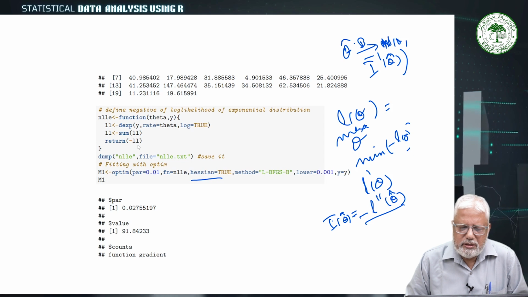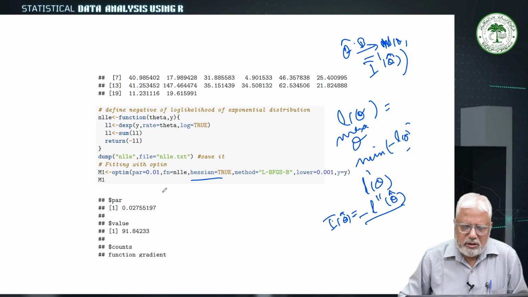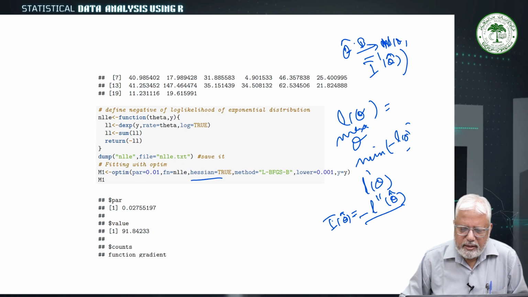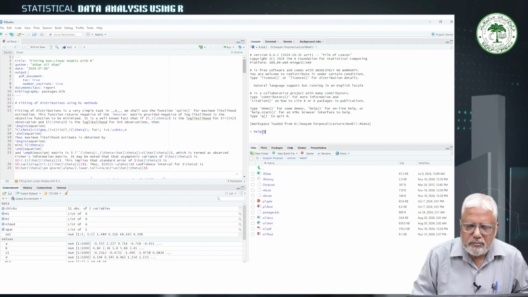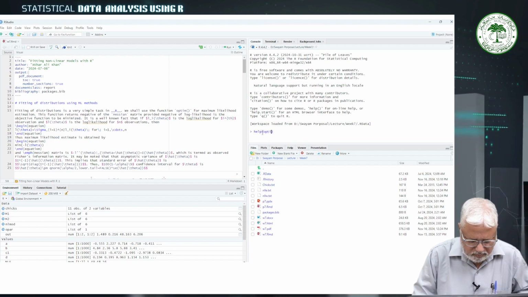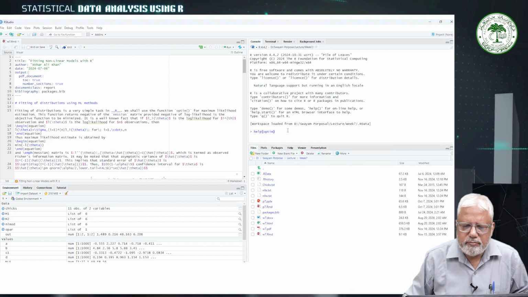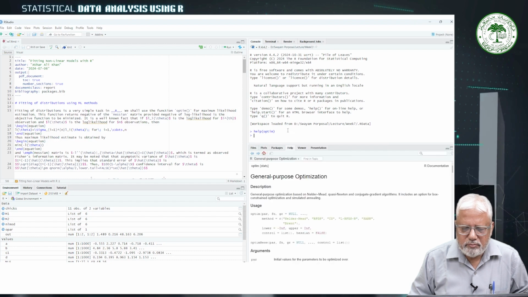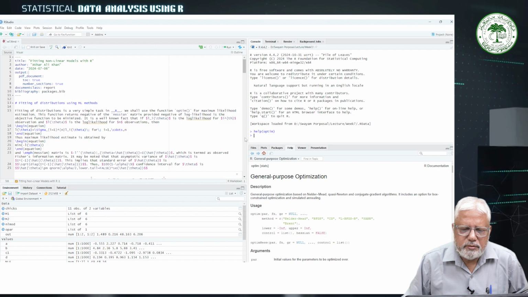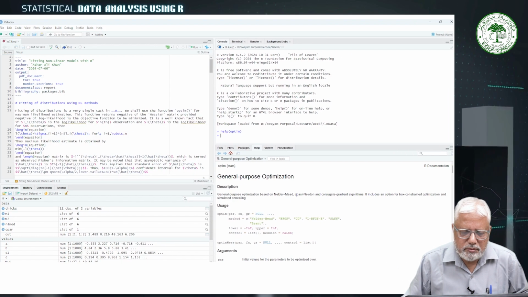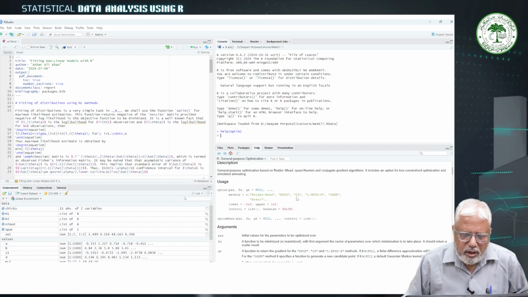LBFGSB, actually, there are many options. If you go into help, optim, see here, help optim.